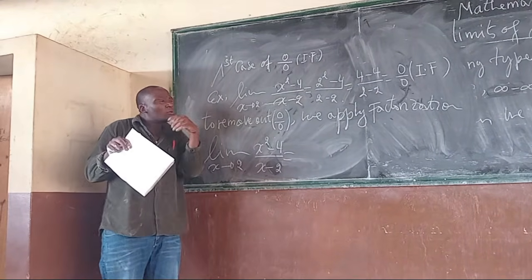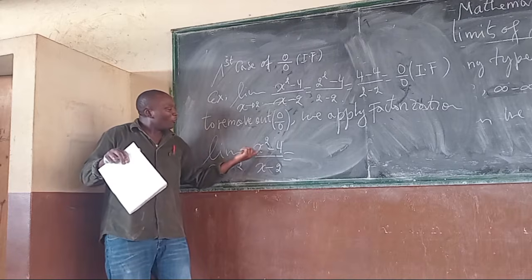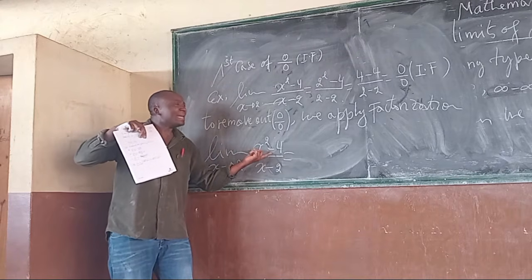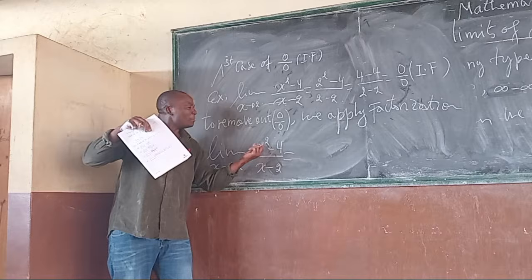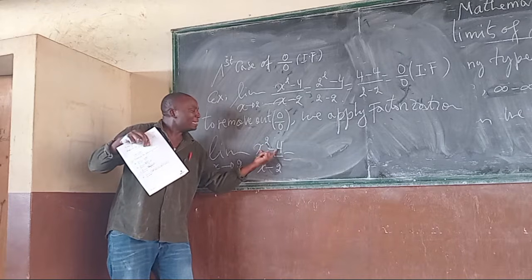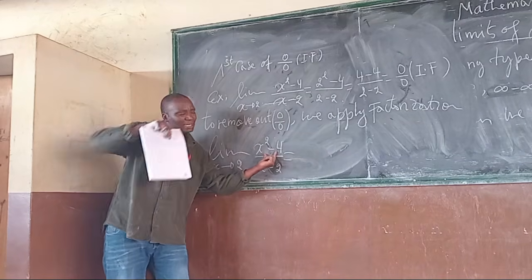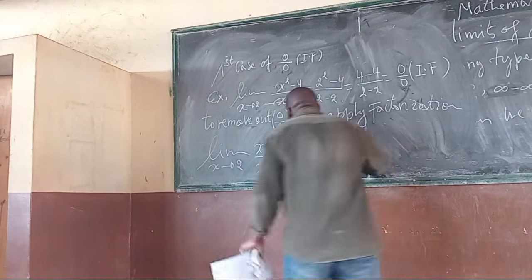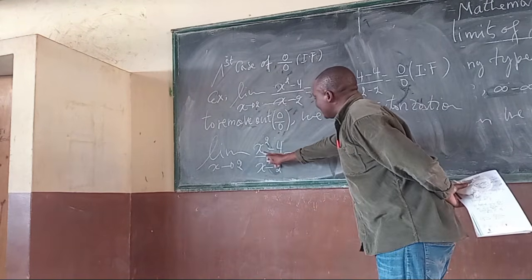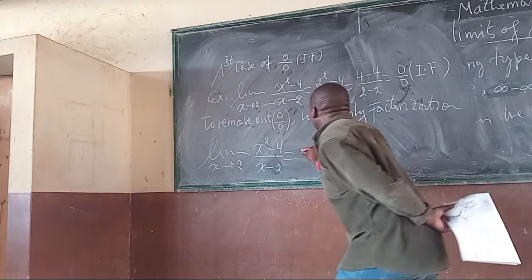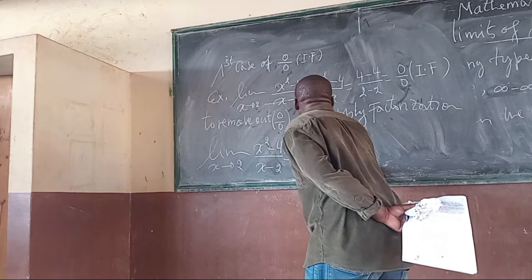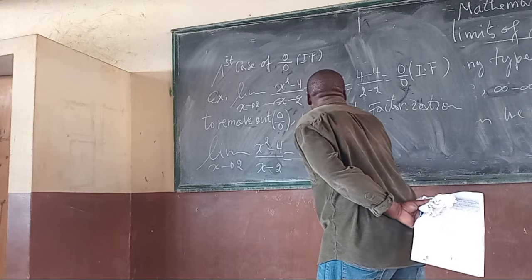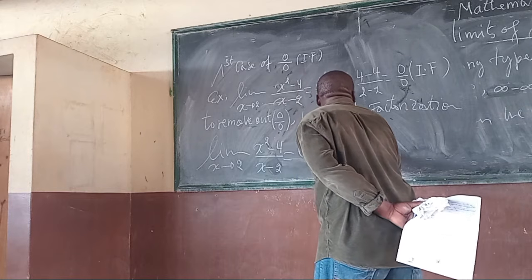I'm going to find new simple factors in my given big compound factor. See me again clearly. As you see, this x square negative 4 is like x negative 2 times x positive 2.